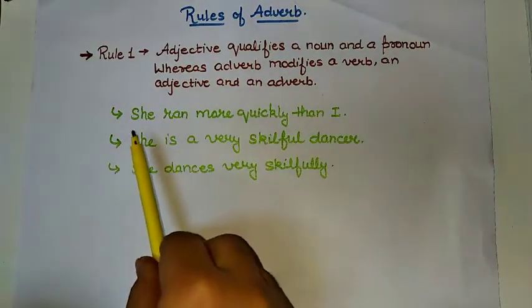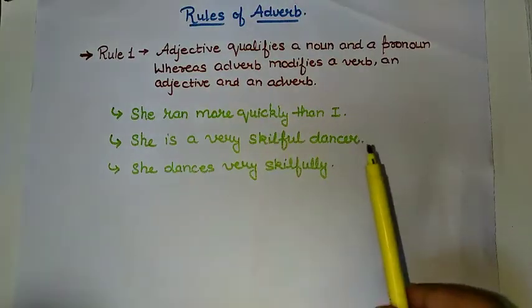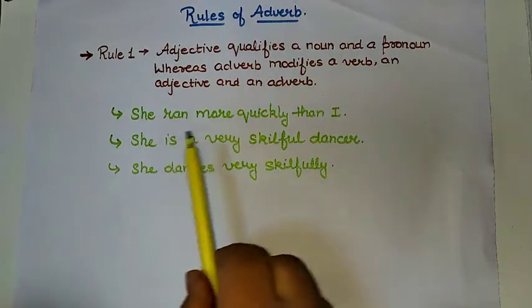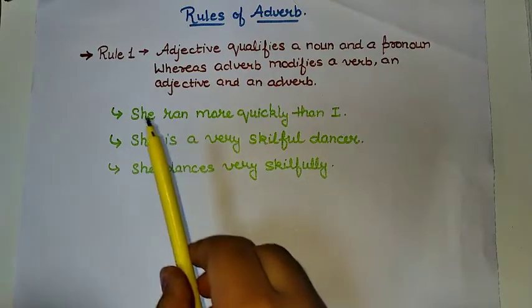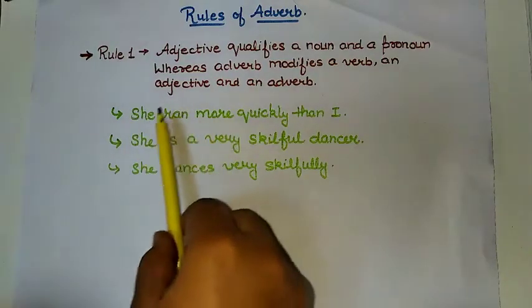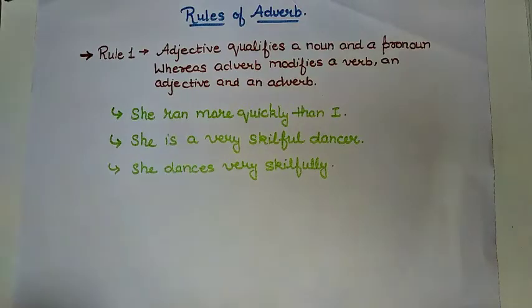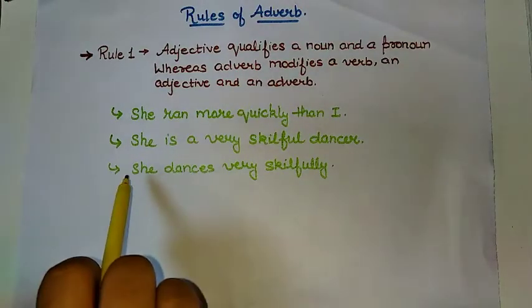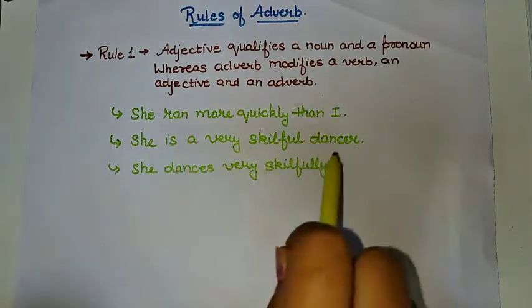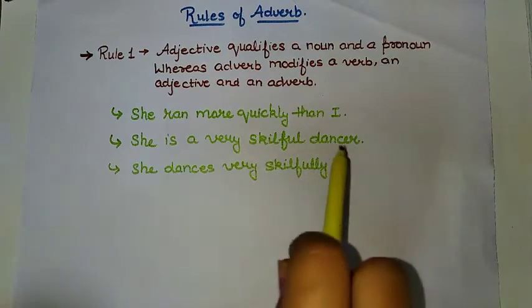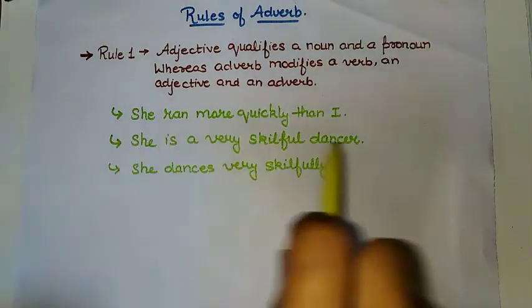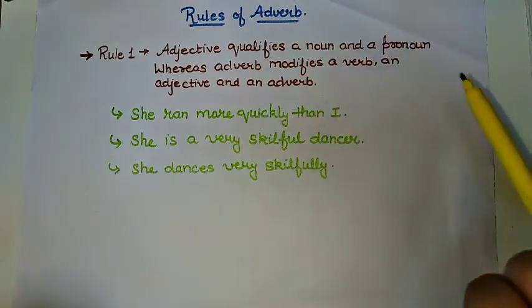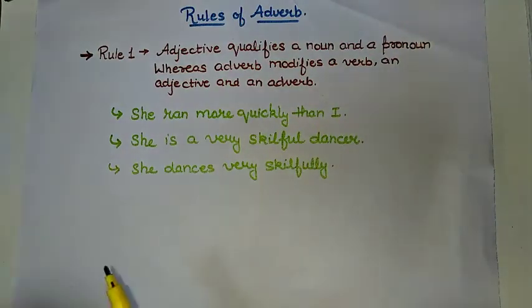So we used she ran more quickly than I. You see that here I'm not qualifying any pronoun or something. I am just making a modification in the verb ran. Next sentence, she is a very skillful dancer. Here, she is a pronoun and dancer is a noun we have used.